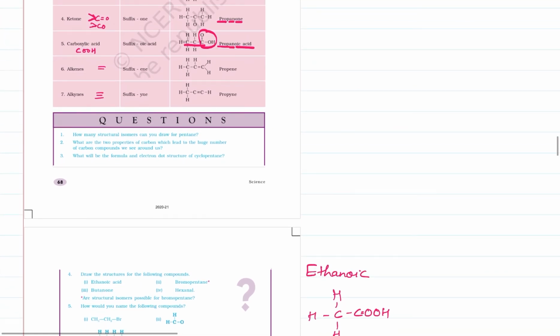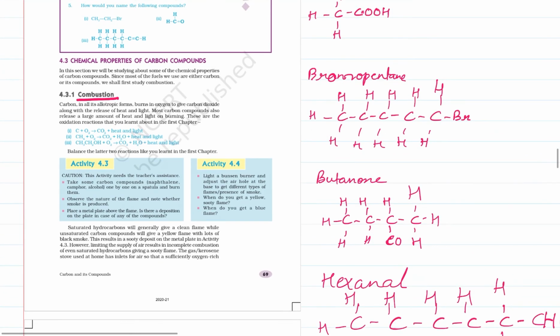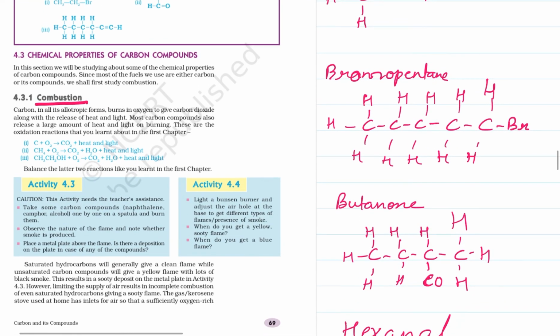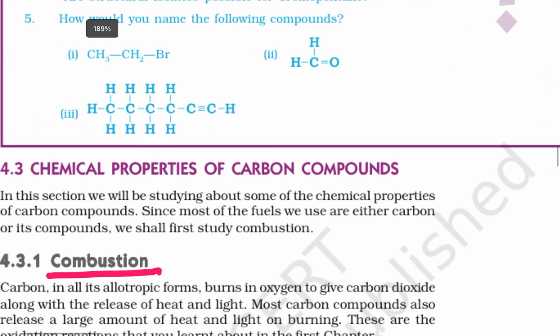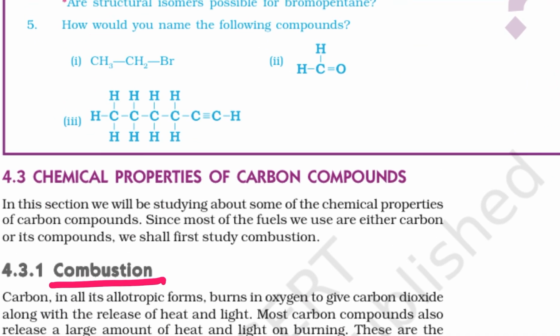Now next is CH3CH2Br. So 2 carbons, so it is bromoethane. This is methanol, because only one carbon and OH group.